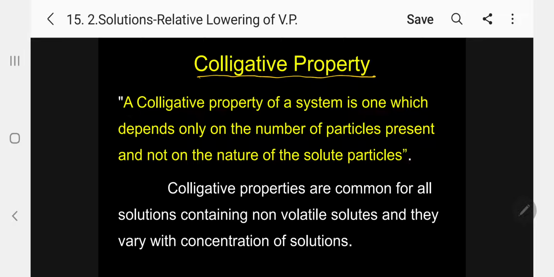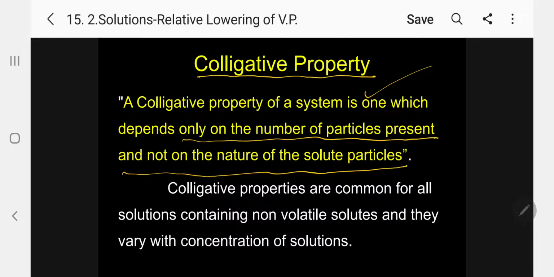So, what is a colligative property? A colligative property of a system is one which depends only on the number of particles present, and not on the nature of the solute particles. So, only on the number, but not on the nature of the solute particle. That we will call colligative property.